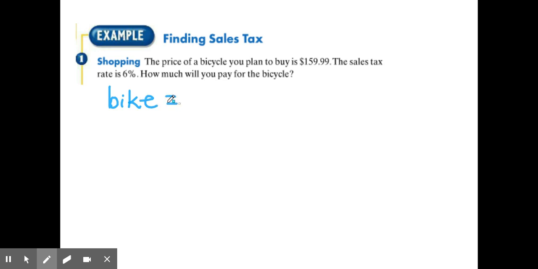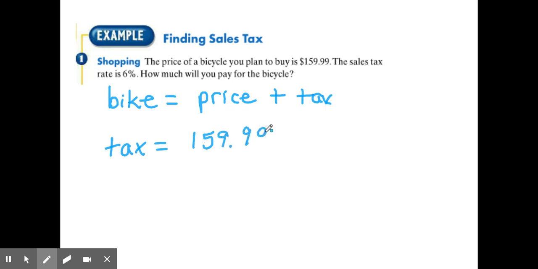So the bicycle is equal to the price plus the tax. So we have to figure out how much that tax is. So the tax is equal to $159.99 times 6%. It's 6% of $159.99, which is equal to $9.60.